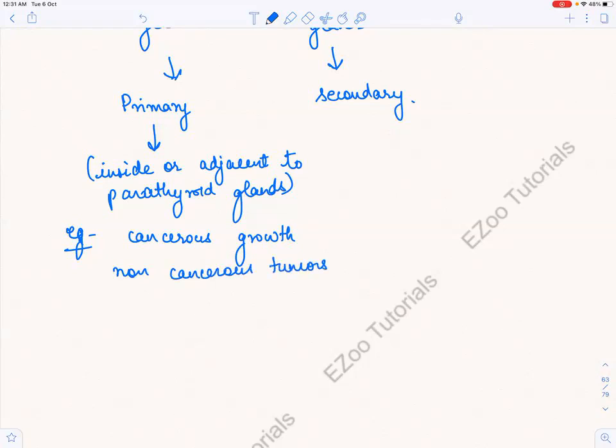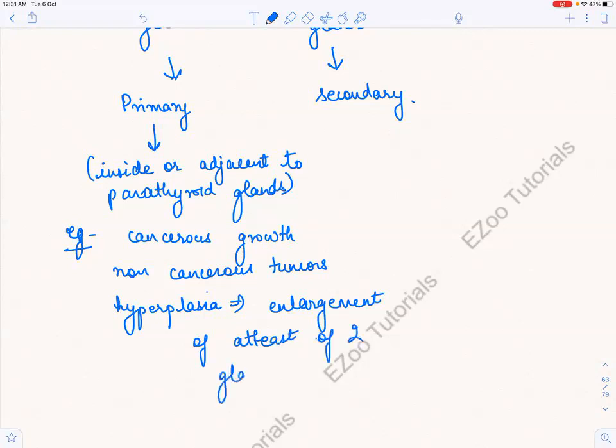And there can be hyperplasia. What is hyperplasia? It is enlargement of at least 2 glands. How many are present? 4. So if there is enlargement in at least 2 glands, we say it is hyperplasia, and that's primary hyperparathyroidism.